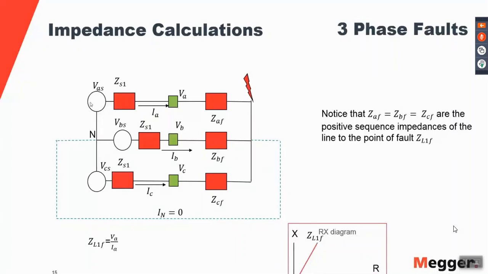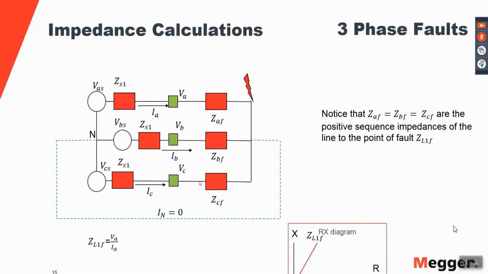If the system is balanced, then we can consider this point to be the neutral, and since it is a three-phase fault, the current through the neutral is going to be zero, so the impedance to the fault can be calculated as any of the impedances of the phases.